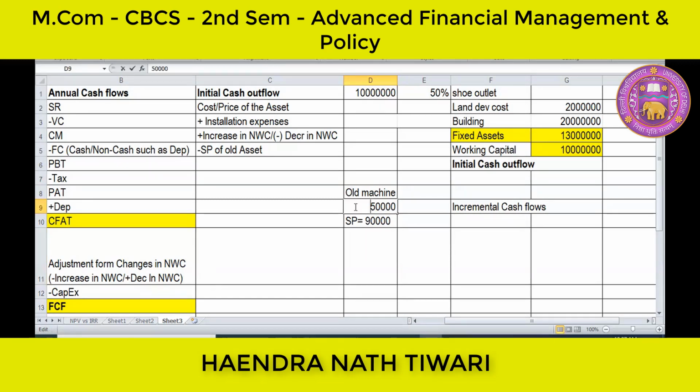So this is the book value of the asset, and this is the selling price of the asset. This means you will show rupees 90,000 as negative amount. But there is a profit of rupees 40,000.